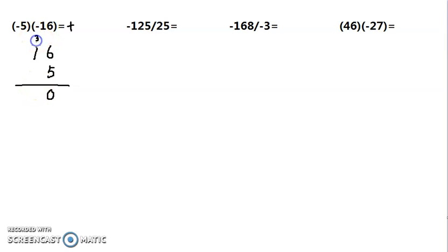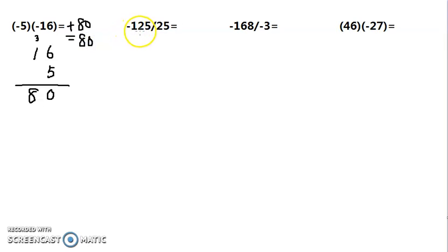And then we do 1 times 5, that gives us 5, plus 3, that's 8, so 80. So the answer is positive 80, or you can omit the plus sign and just put 80. Equals 80.